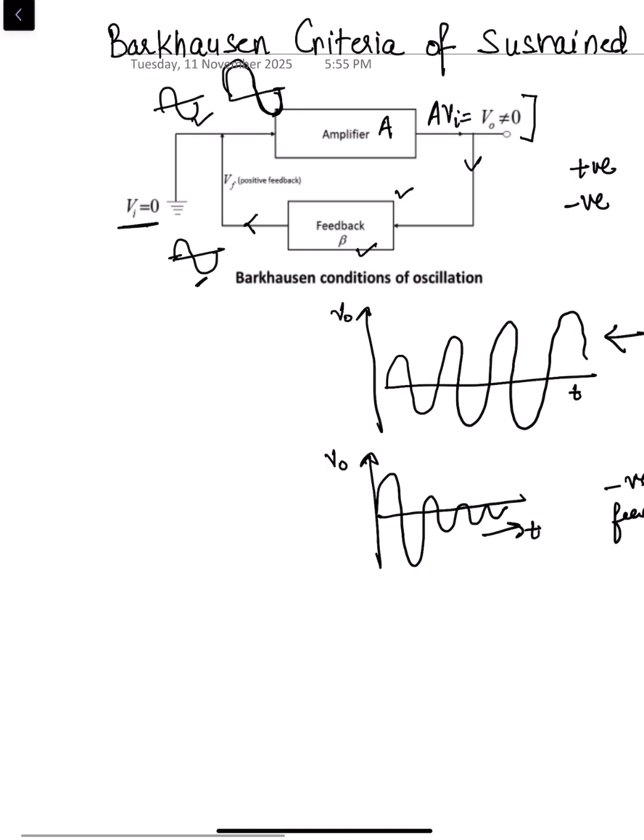Now, Barkhausen gave the criteria. There are two criteria which will lead to this situation. Now, we know that the output, V output, is equal to A times V input, where A is the gain of the amplifier without feedback.